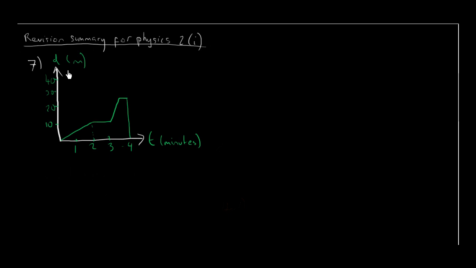So how do we calculate the velocity from this graph? I'll write it here. How do we calculate velocity from the distance versus time graph?